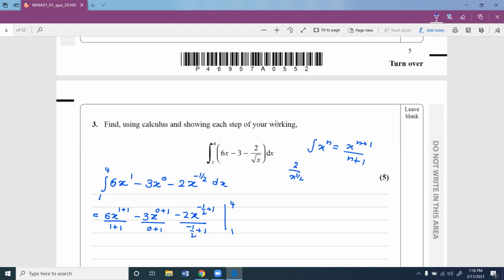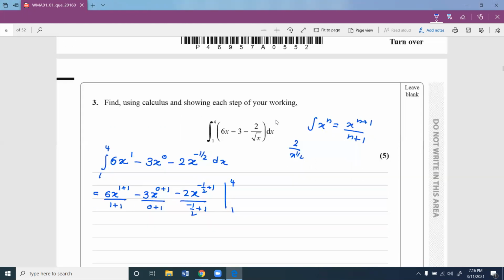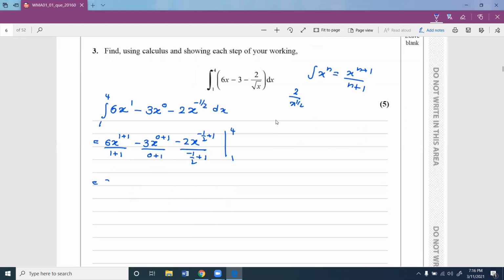After doing the integration only, you can put the boundaries. So you can see the simplification becomes 6x to the power 2 over 2 minus 3x to the power 1 over 1, which is minus 3x, minus 2x to the power 1 over 2 over 1 over 2, from 1 to 4. No need of writing all of these steps if you're familiar with this, but till you are familiar with this, you can do it like this.